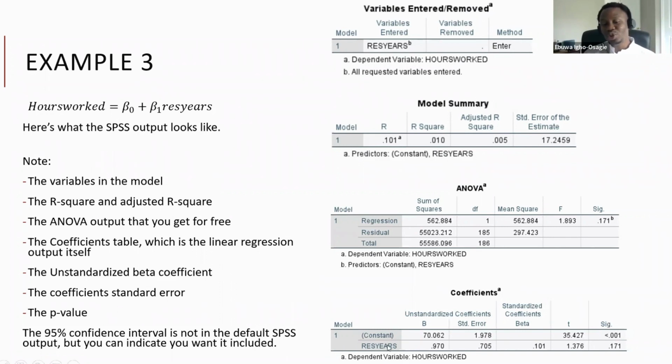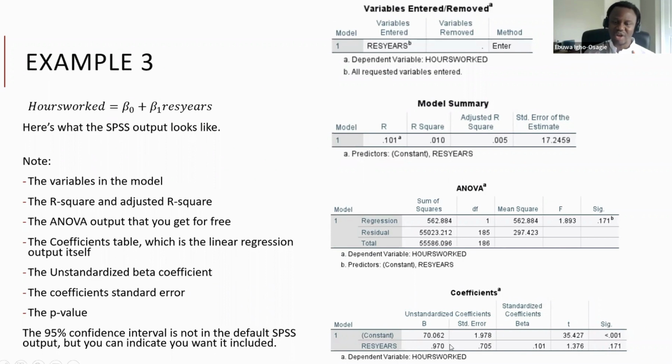For every unit increase in your predictor, because the unit for your predictor is years, for every year increase, your number of work hours per week will increase by 0.97 hours. That is the difference for continuous.